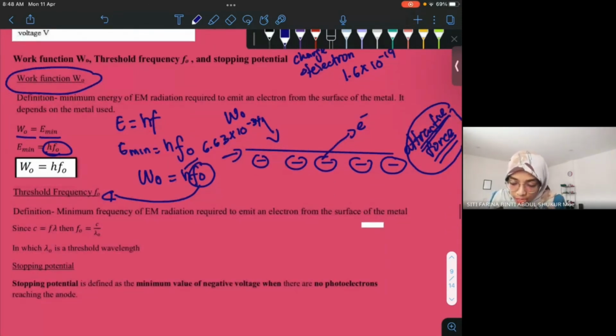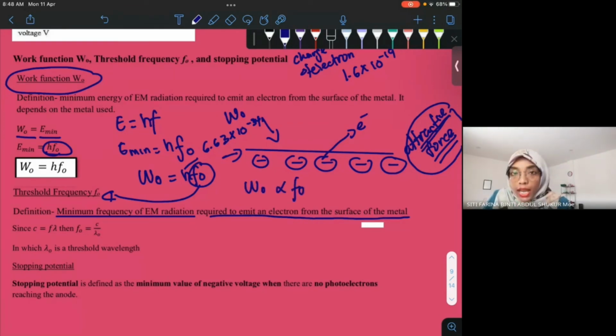Threshold frequency is the minimum frequency of EM radiation required to emit an electron from the surface of the metal, because your W here is directly proportional to F naught.